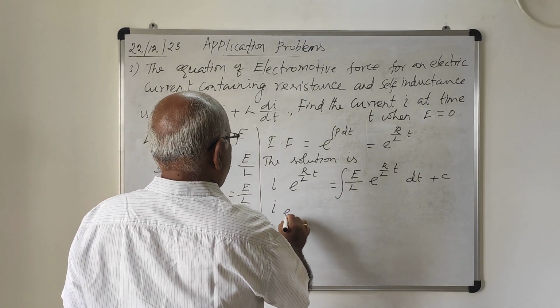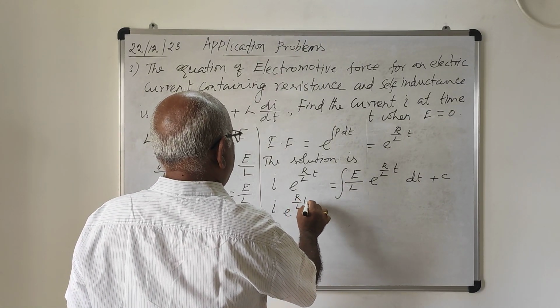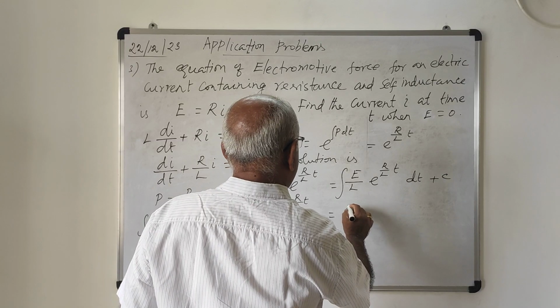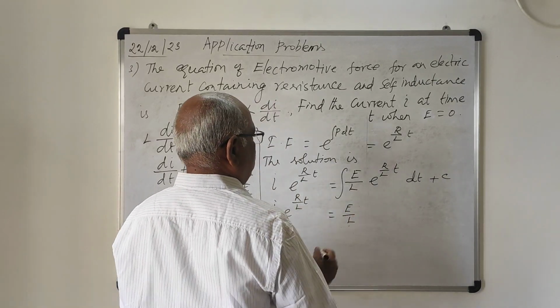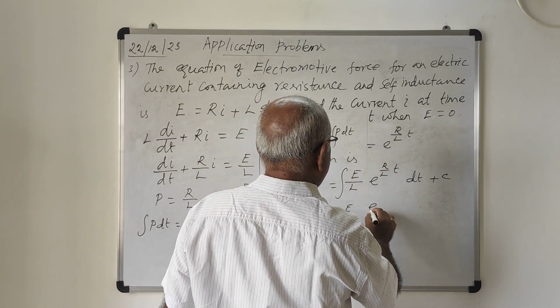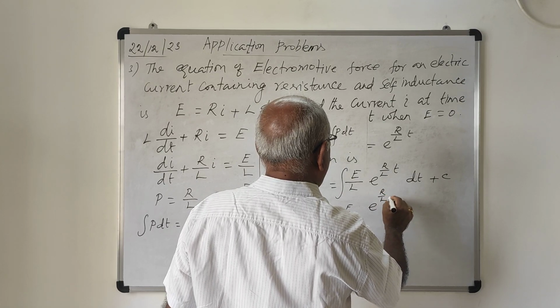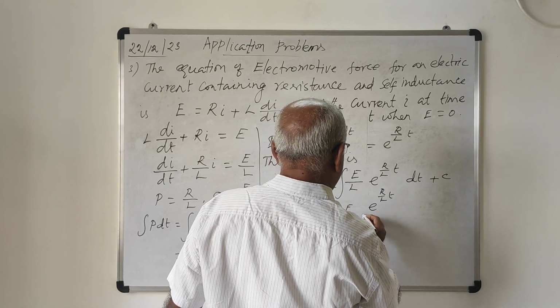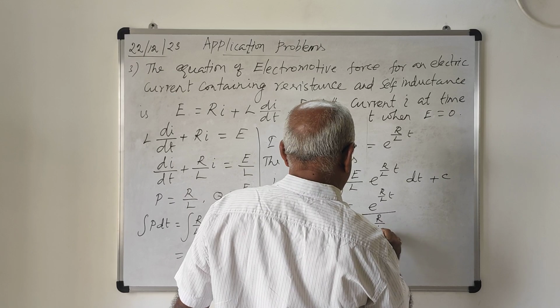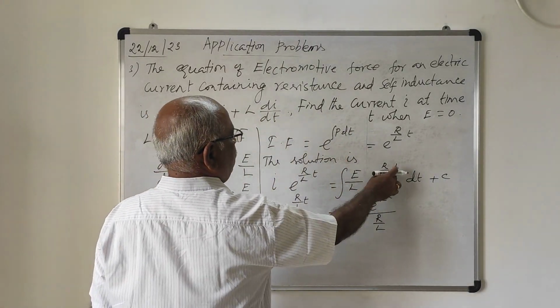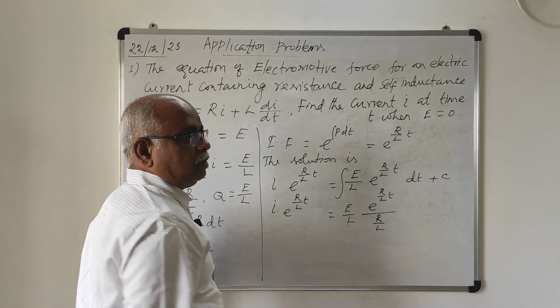Now I into e power R by L t equals, taking E by L as a constant out of the integral, the integral of e power R by L t, which is e power R by L t divided by R by L. Like the integral of e power 4x is e power 4x by 4.